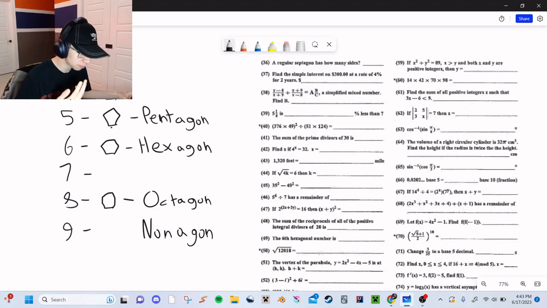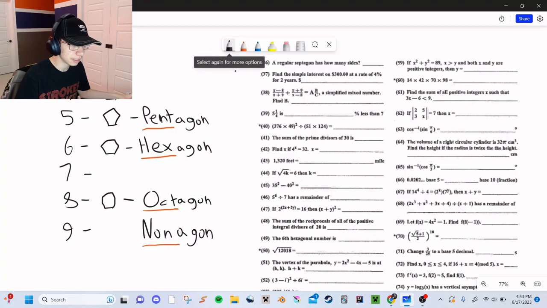Well, anyways, the point being, the front part of these answers has a certain prefix that tells you how many sides the shape's gonna have. So pent, that means 5. Hex, it's gonna mean 6. Oct, like octa, that's gonna be 8. Nona, that's 9.